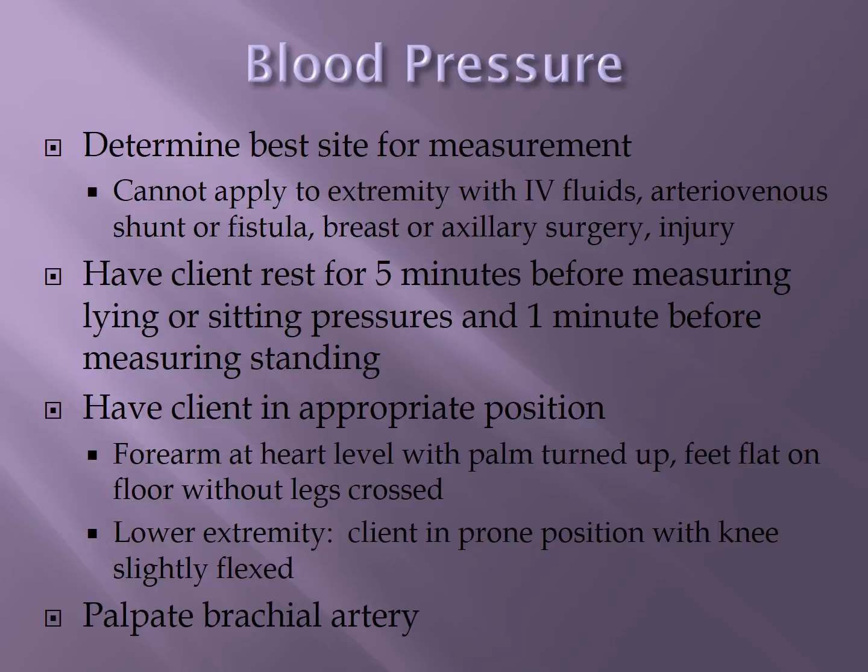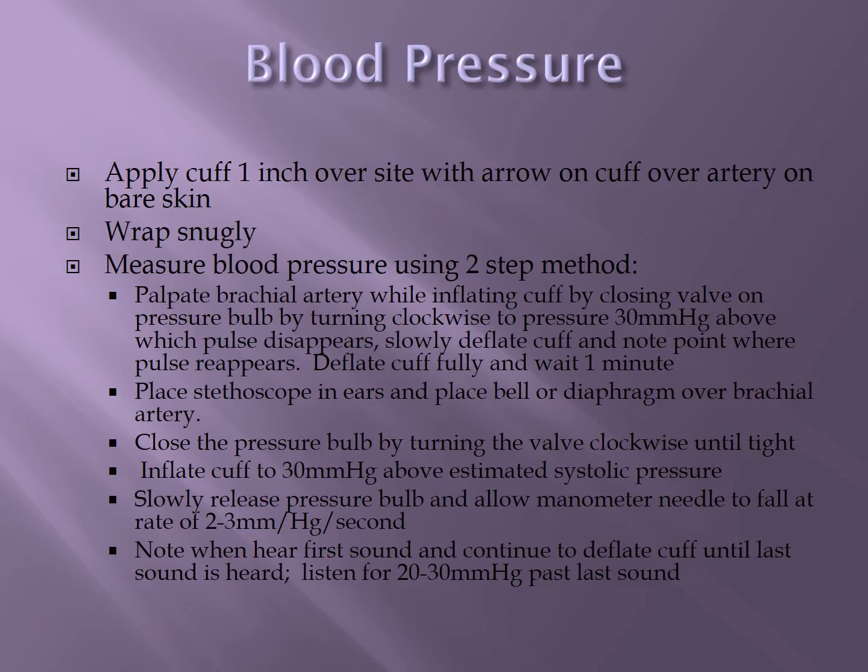When you're doing a blood pressure in the upper extremity, you always palpate that brachial artery before you place that stethoscope over that area. You want the cuff on bare skin, always on bare skin. It is wrapped snugly there, about 1 inch over the brachial artery that you have palpated.